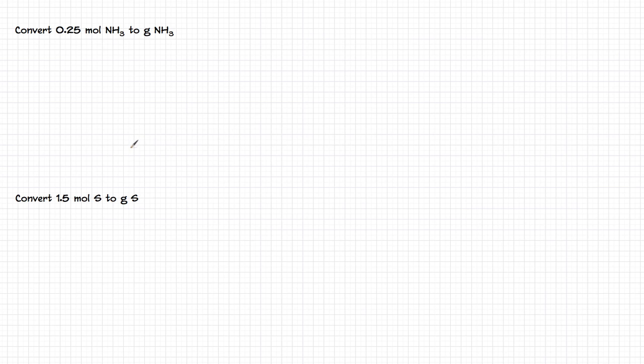Now in these problems, what we're going to do is we're going to go back the other way. So let's go ahead and make our unit diagram for our first problem. We're going to go now from moles of ammonia to grams of ammonia.